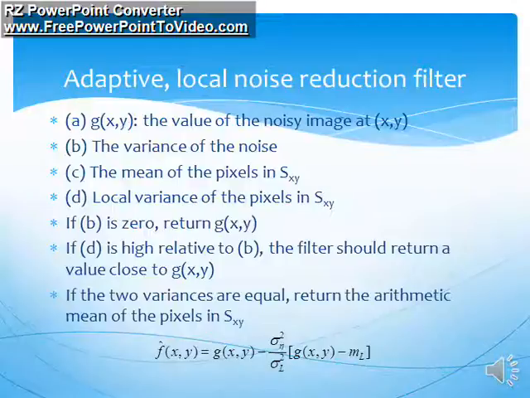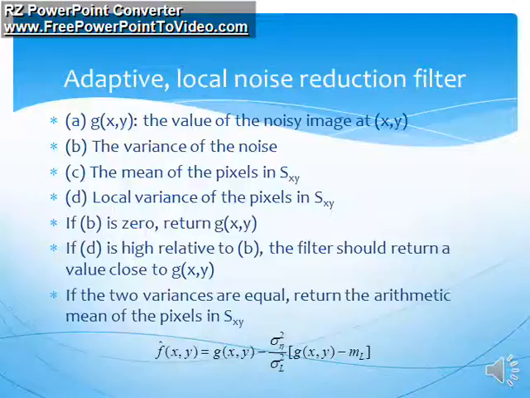Now we have to follow some process for the adaptive filter, which is also known as the local noise reduction filter. So we will see the different steps of the adaptive local noise reduction filter. The first one is g(x,y), the value of the noisy image at (x,y).